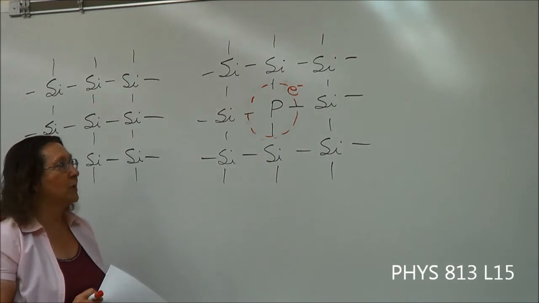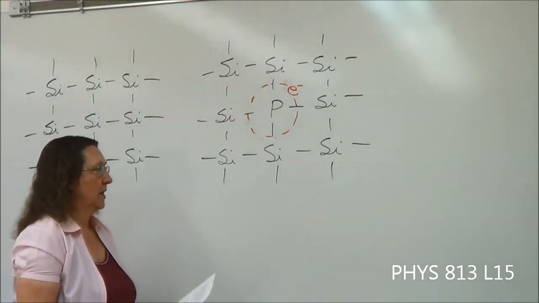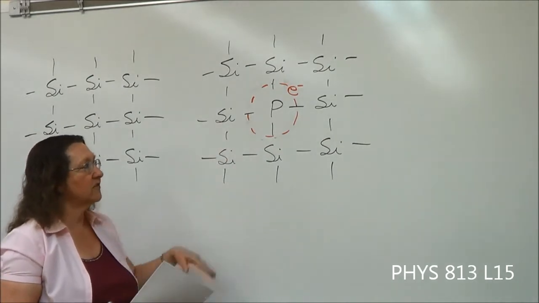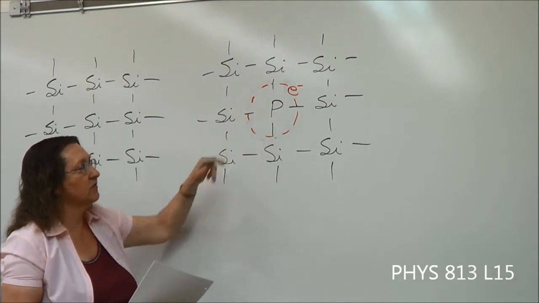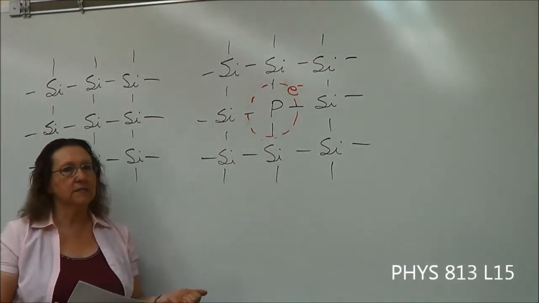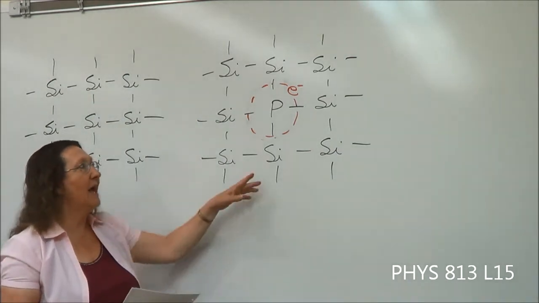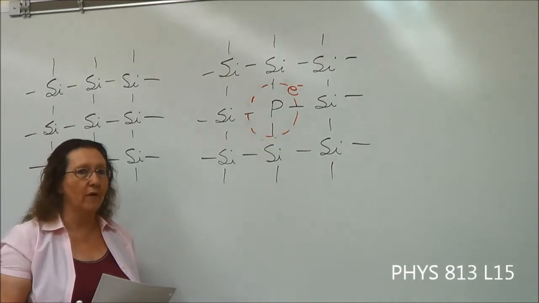And how you get it replaced, that's a whole nother issue. Because these crystals have to be grown, and this is called doping. This is phosphorus doped silicon. And you can imagine it's not that easy to get the phosphorus atoms to go exactly where you want them.